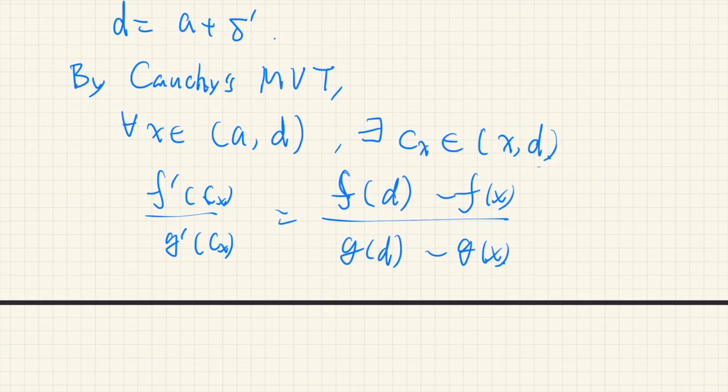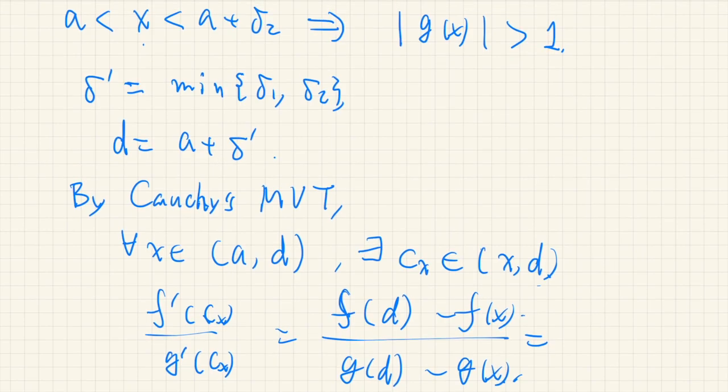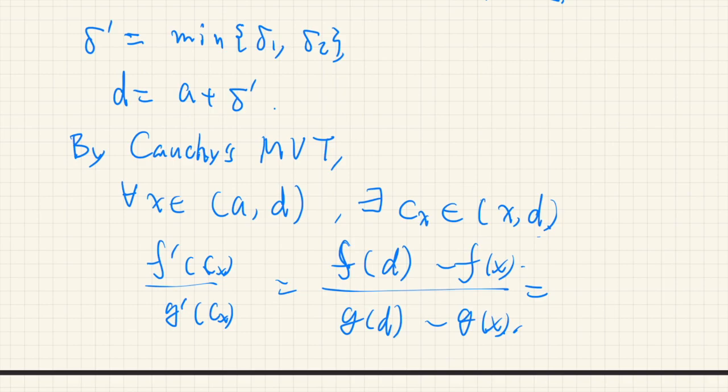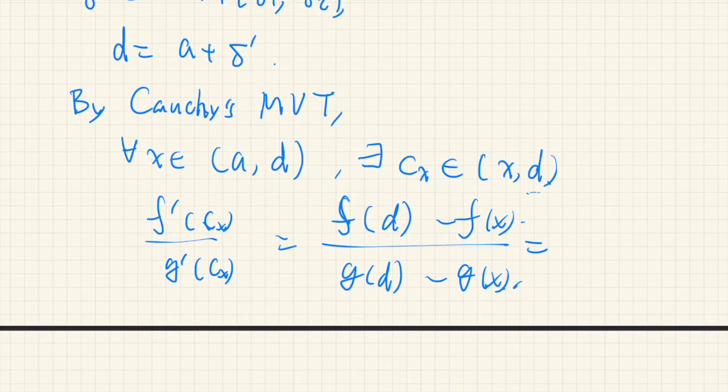Okay, let's modify this a little bit. Let's divide both numerator and denominator by g of x. Since x is close enough to a, x is between a and d, so it's less than d, and that means g of x is always greater than 1, right?